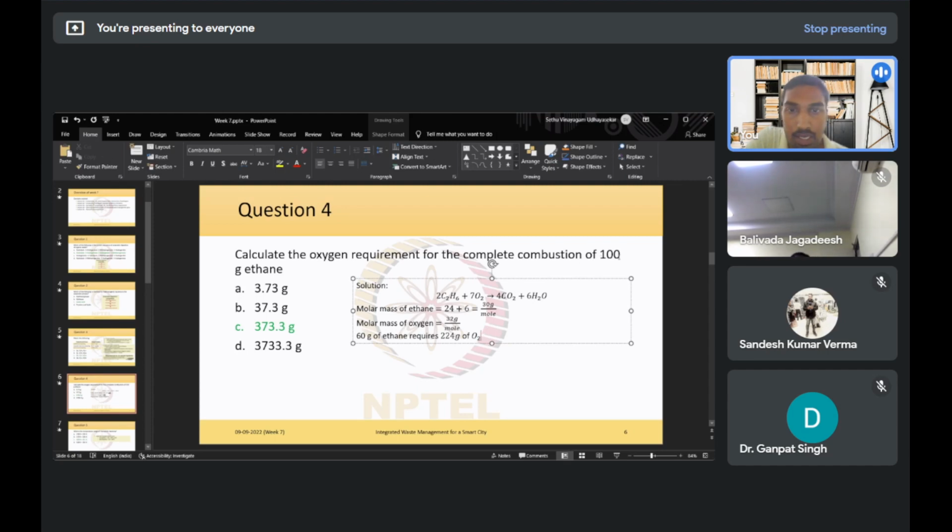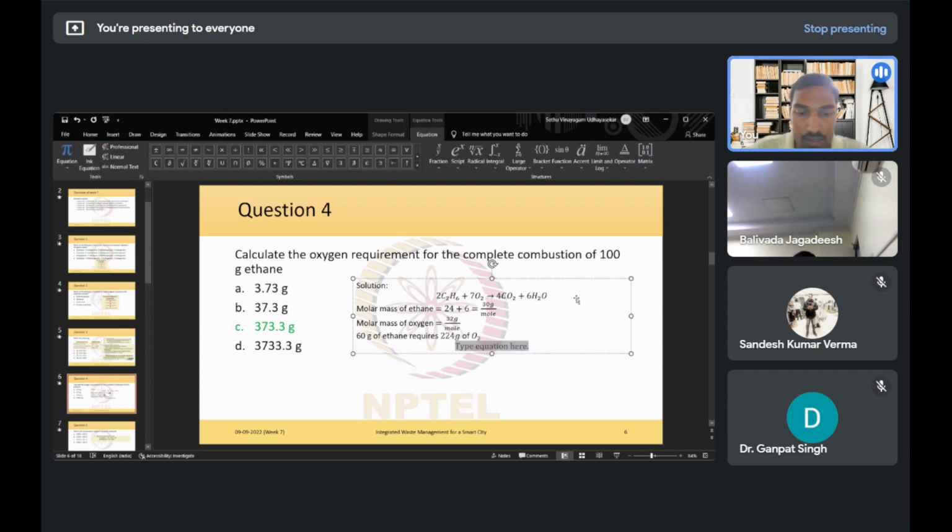The question is about 100 grams. So from here, we can calculate what will be the oxygen requirement for 100 grams. So how do we do that? So 224 is needed for 60 grams. So for 100, it will be 224 into 100 by 60.